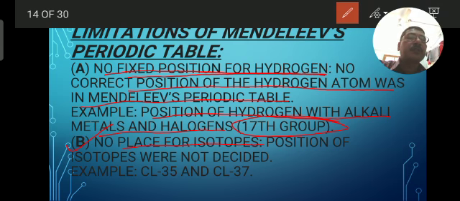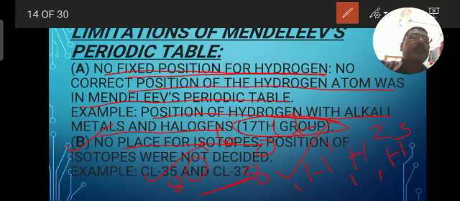Suppose hydrogen is 1H1. It has an isotope with atomic number 1 but mass number 2, and 1H3 also. Oxygen also, atomic number 8: 8O16, 8O17. So there are isotopes of oxygen, nitrogen as well as hydrogen.